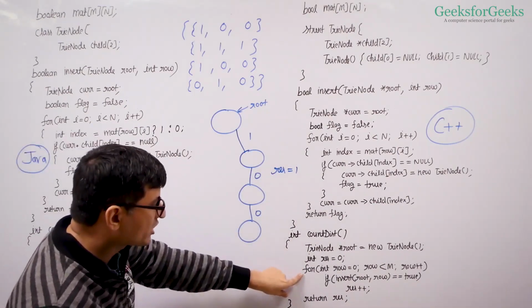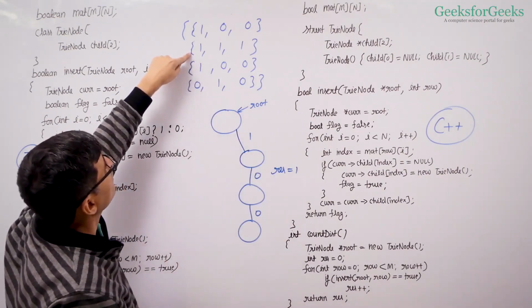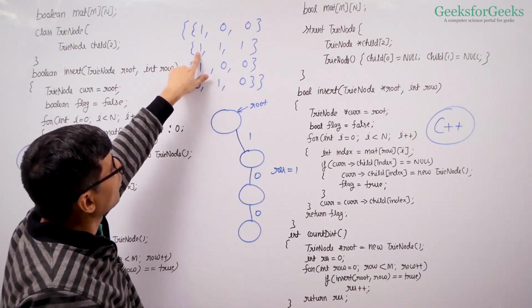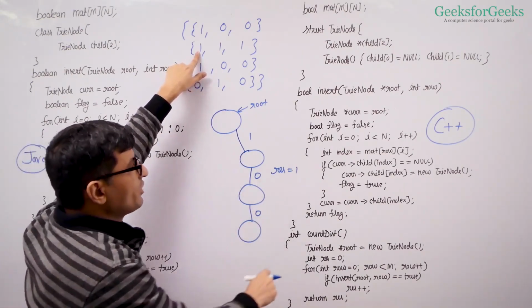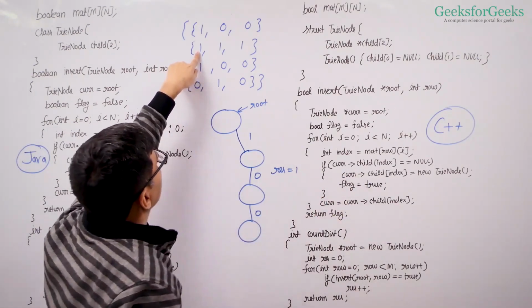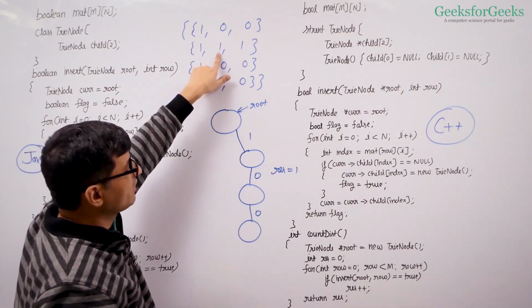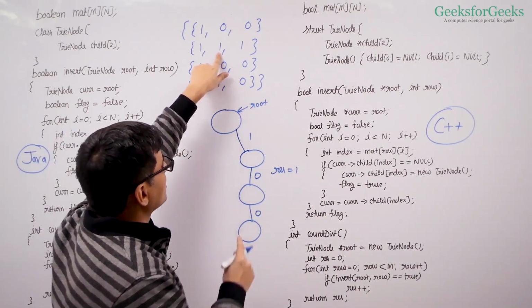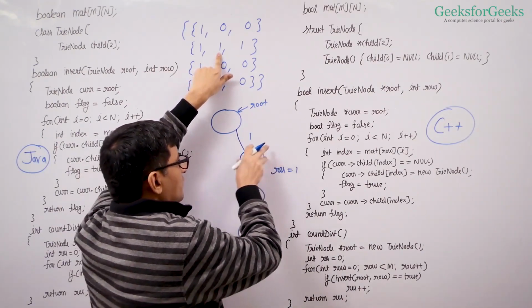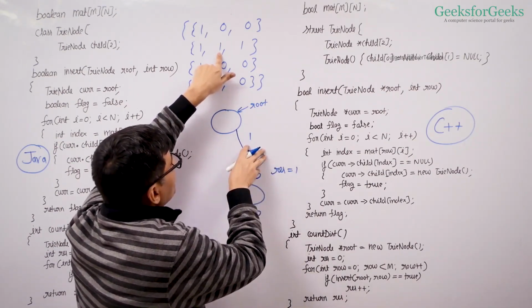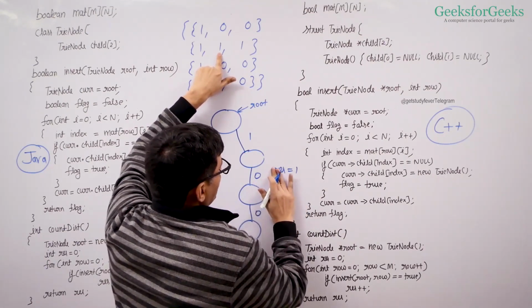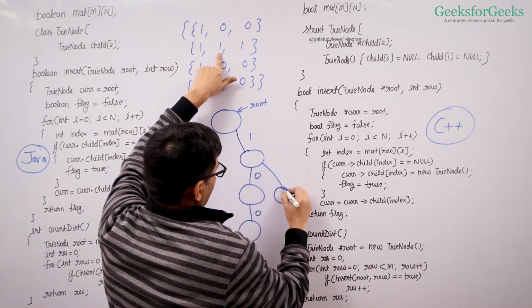Now we go through the next row, 1, 1, 1. We begin with the first cell of this row. 1 already exists in the trie, so we do not go inside this if condition. Then we go to the next cell and we check that this particular cell 1 does not exist as a child of this node 1, right? So we create a new node with value 1 and make it a child of this node.